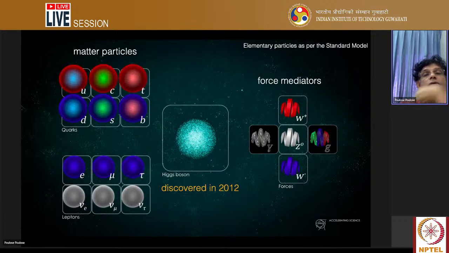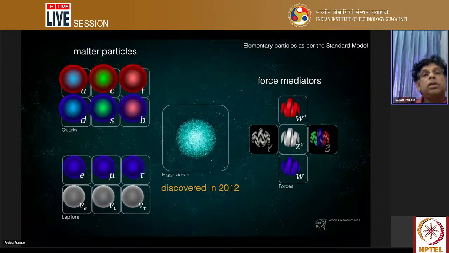And then we have different types of quarks. To make the proton and neutron, we need only the U type and the D type quarks. But we also have other quarks like the C quark, S quark, T quark, and B quark, for consistency of the mathematical model to start with.